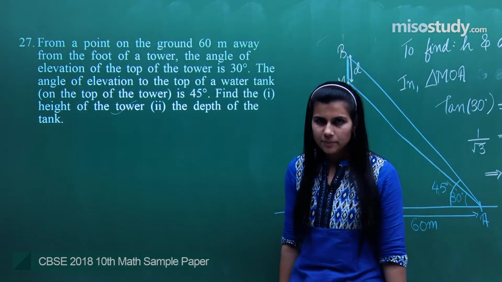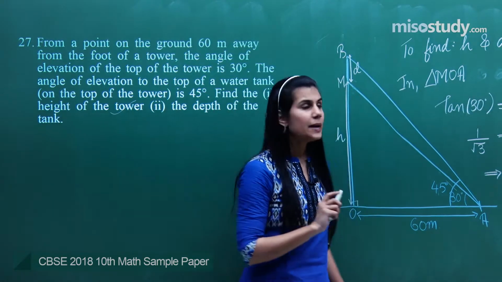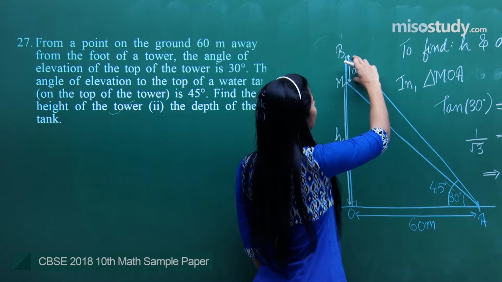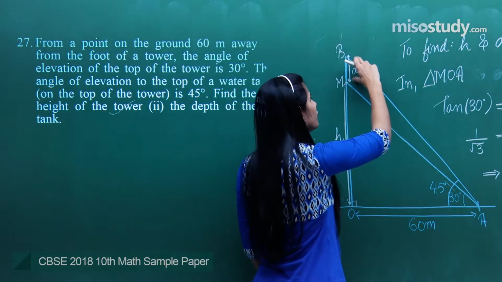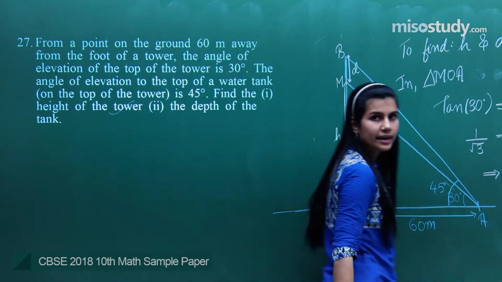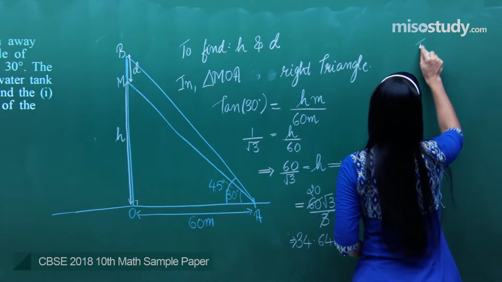Let's see what the second part is. The second part is give me the depth, so I wish to find this D. Now this D is lying as a portion of one of the sides of the bigger right triangle, which is BOA. So let's work with this right angled triangle.